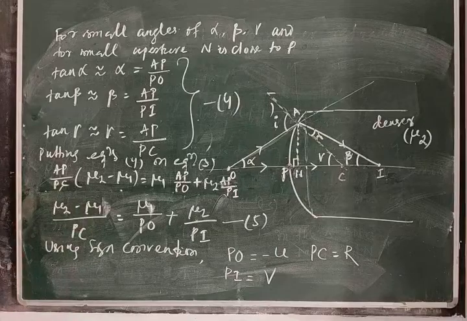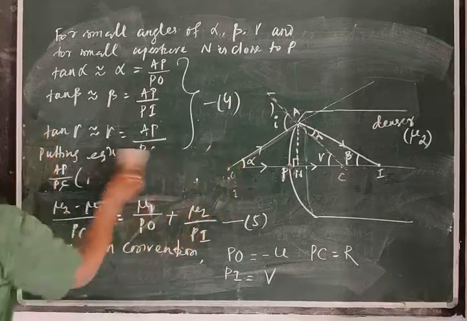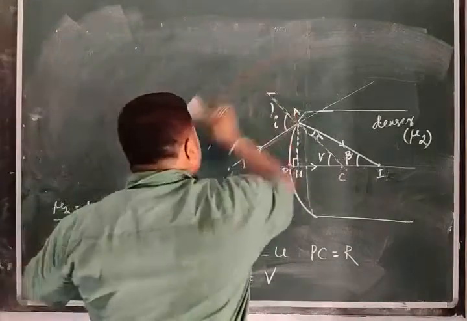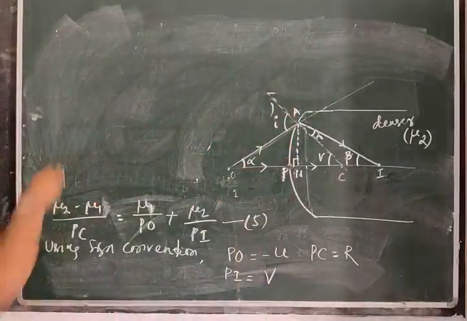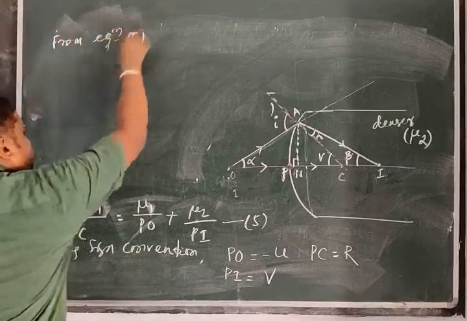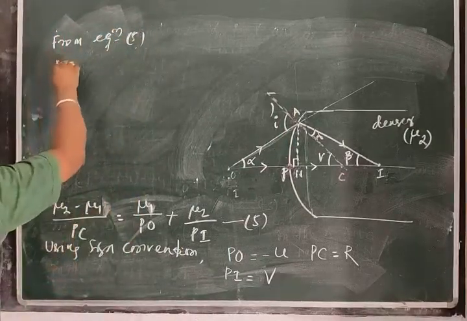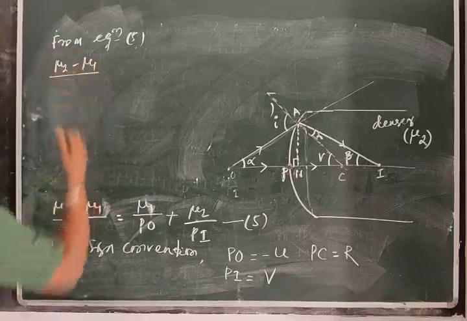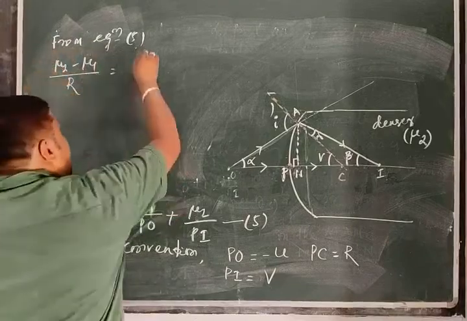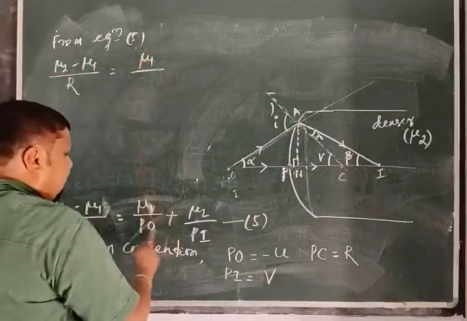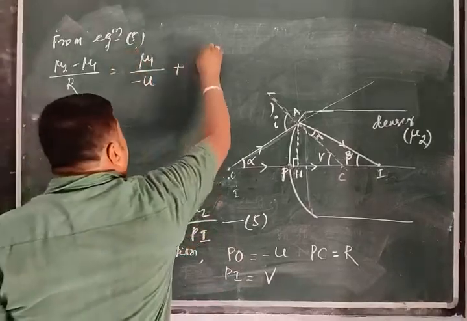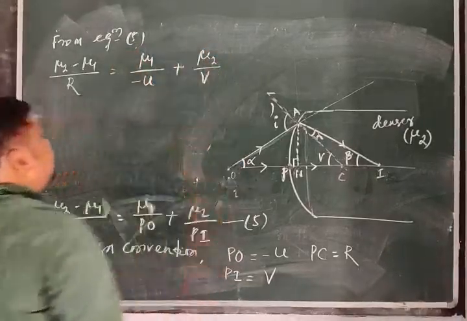Now use this in equation 5. From equation 5, (mu2 minus mu1) divided by R is equal to mu1 by minus u plus mu2 by v.